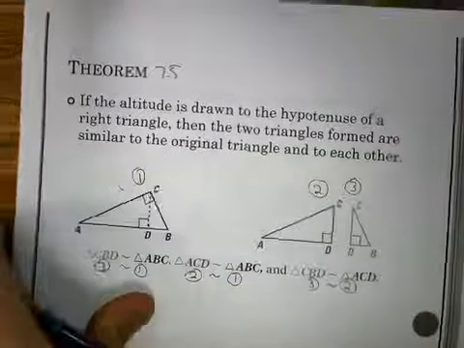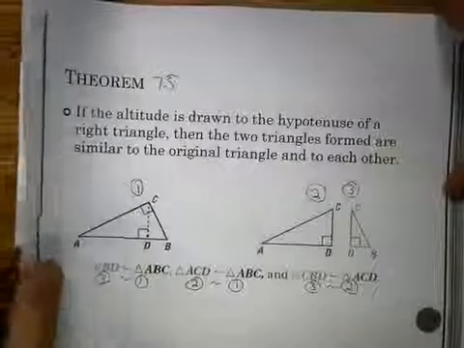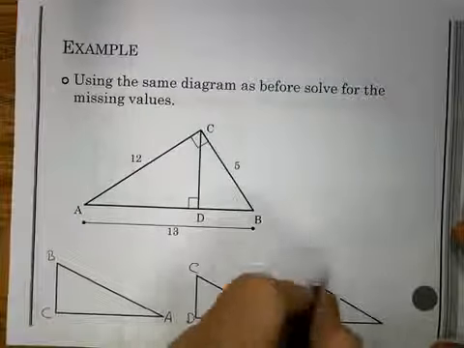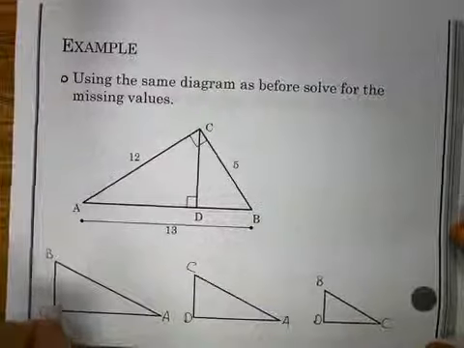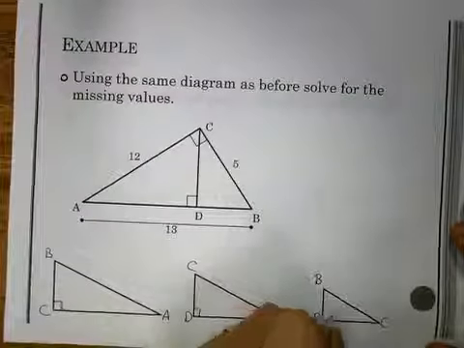So let's look at our next one here. I have the same diagram as before. ACB has an altitude CD, but now I have values. So let's copy in those letters I just had: B, C, A, C, D, A, and B, D, C. All right, triangles.